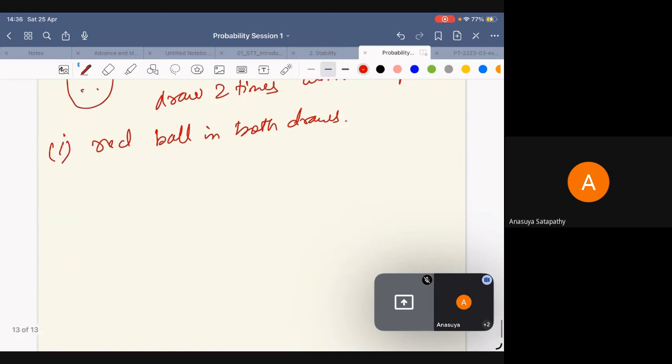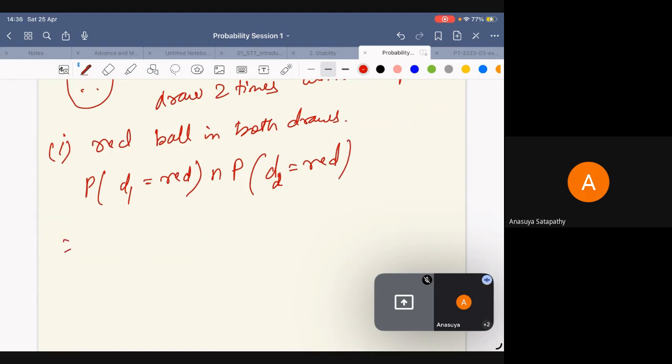So what is the first probability? We can write the probability of getting the first one red, intersection we also need the second one to be red: draw 1 red and also draw 2 red.